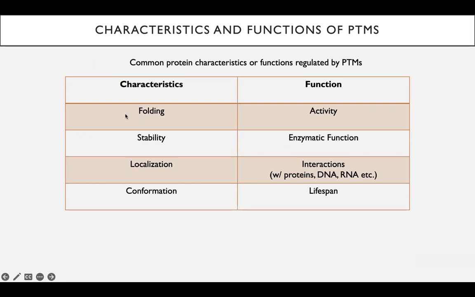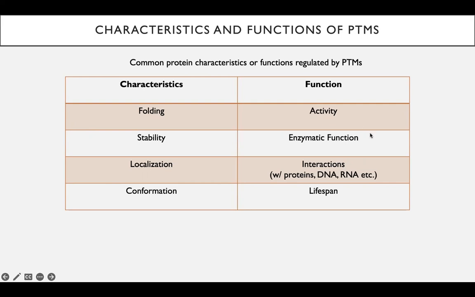So some of those characteristics that can change about proteins when they become modified, a lot of it is structural, so altering their folding or folding rate, their stability, or their conformation. And then another characteristic is dictating where they localize in a cell, or if they associate with membranes, for example. On the functional side, protein post-translational modifications can dictate when a protein becomes active. They can alter enzymatic function.